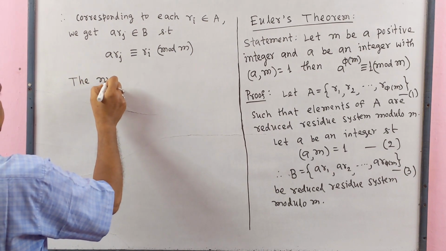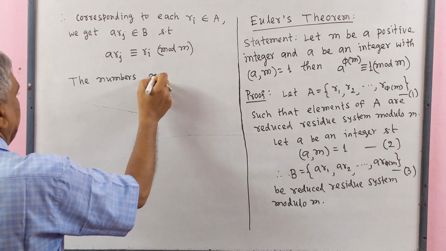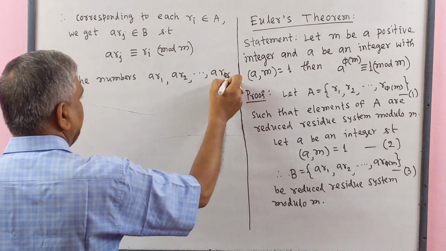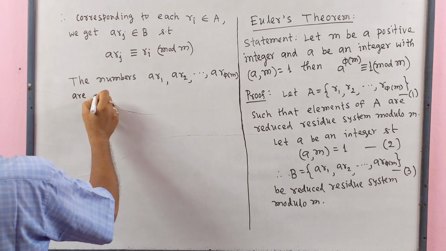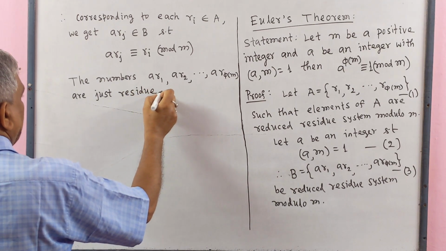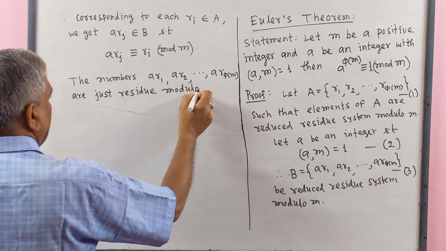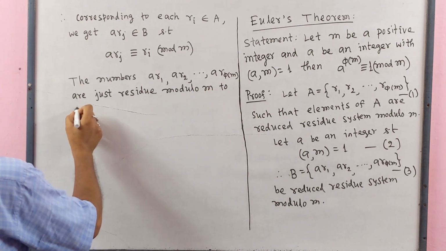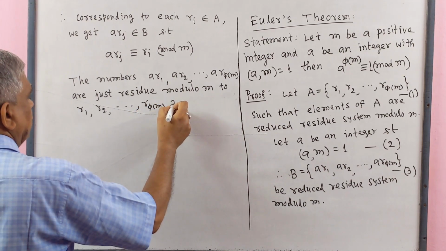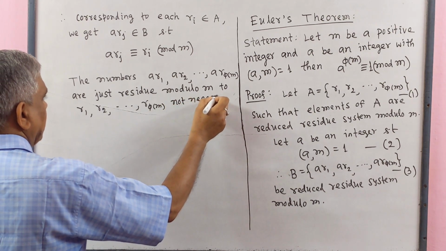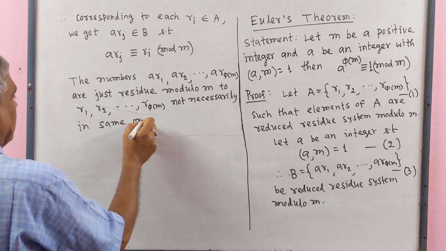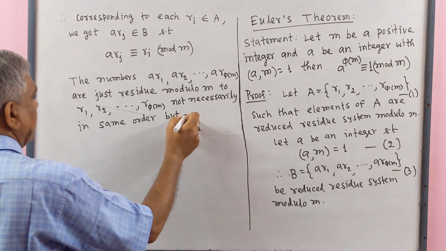The numbers a r1, a r2, ... a r phi m are just residues modulo m to r1, r2, ... r phi m, not necessarily in the same order, but in some order.